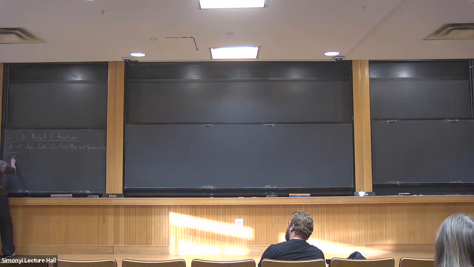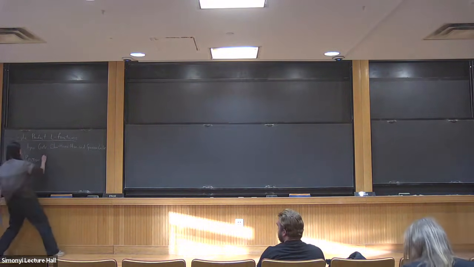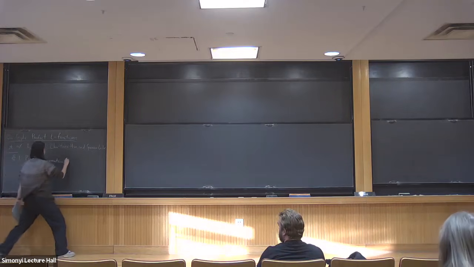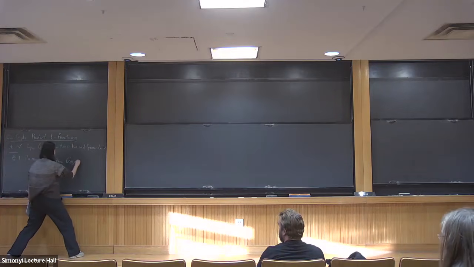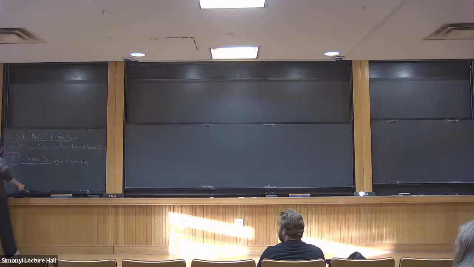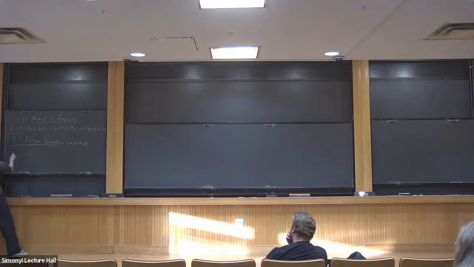So I'll start with motivations. We recall the Poisson summation conjecture. I will start by reviewing the classical Poisson summation formula for vector spaces.